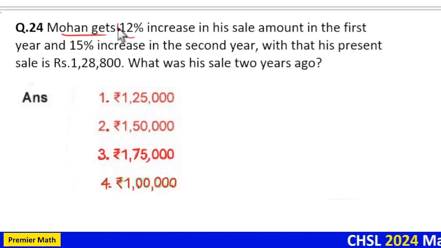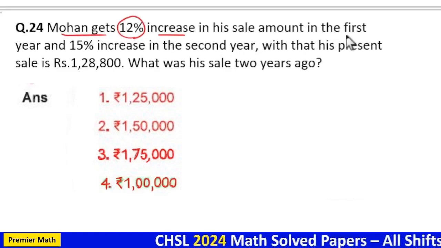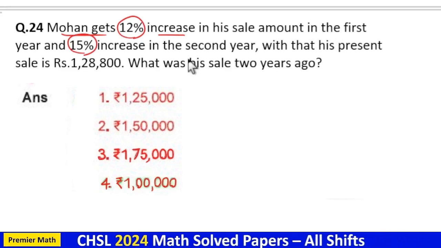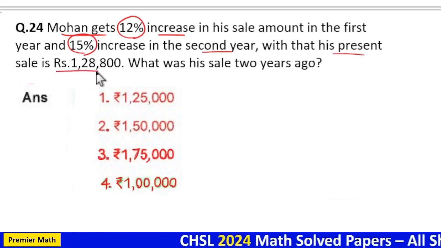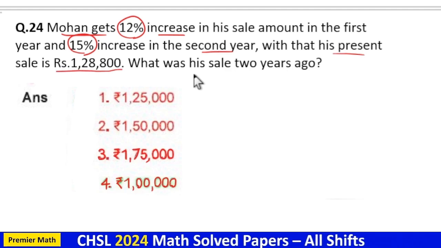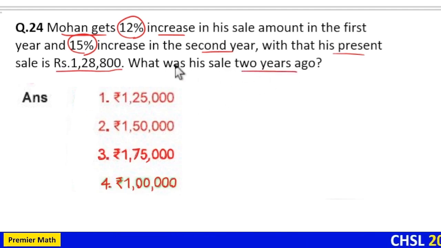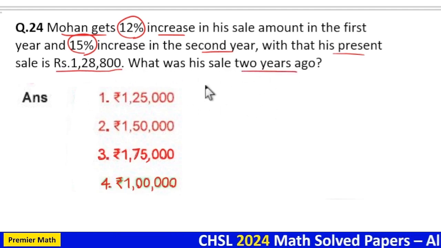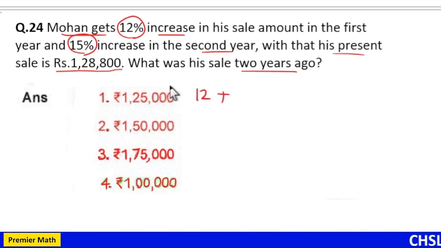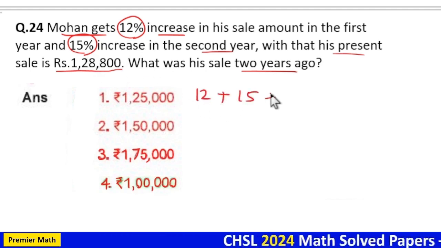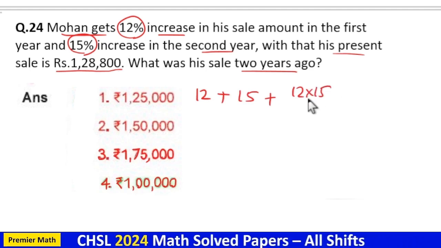Mohan gets 12% increase in his sale amount in the first year and 15% increase in the second year. With that, his present sale is rupees 1,28,800. What was his sale 2 years ago? Here we can use the successive increment formula. That is, in first year it is 12%, in second year it is 15%, plus 12 into 15 divided by 100.